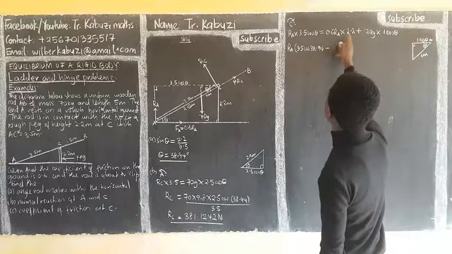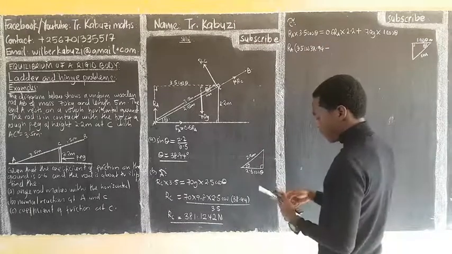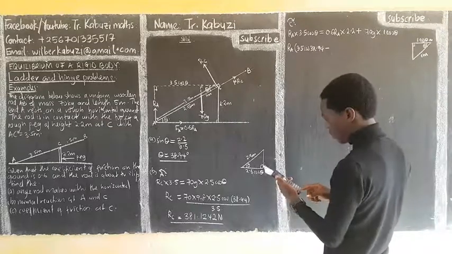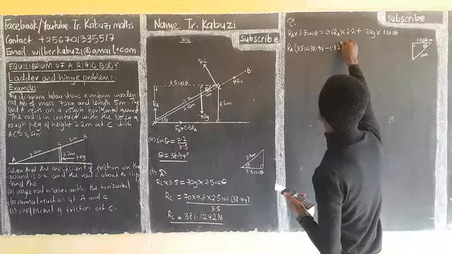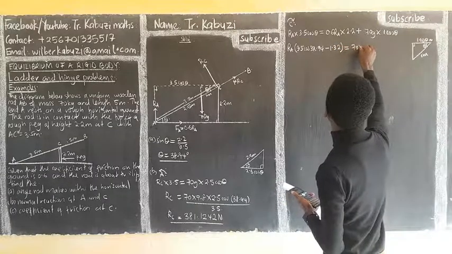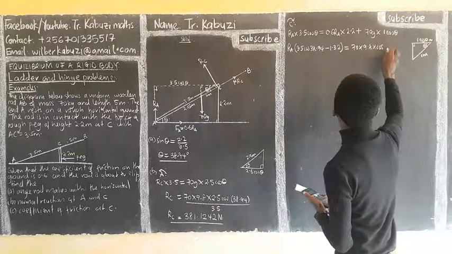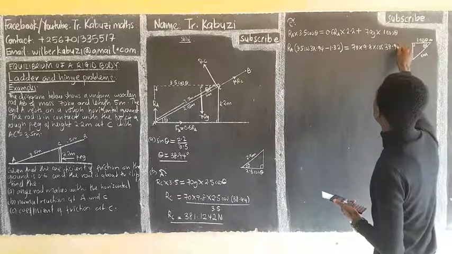Then minus, when I take this side, you see when I multiply 0.6 times 2.2, I get 1.32. It's going to be giving me 70 times 9.8 times cos this angle, 38.94.